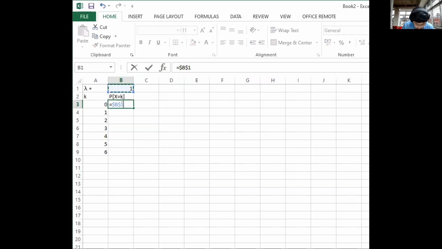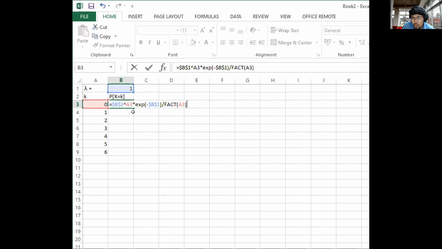We're going to raise this to k, times the natural exponent of the negative of lambda, again a fixed constant, all over k factorial.